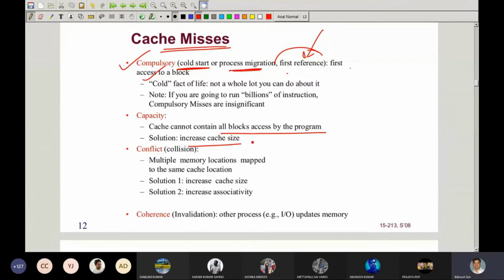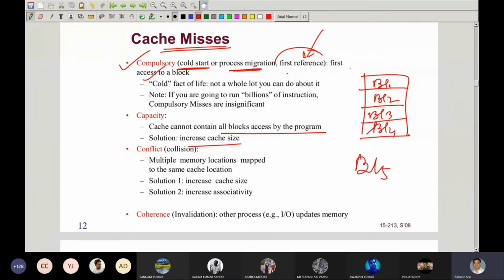Suppose you have a cache memory where only 4 blocks fit at a time: block 1, block 2, block 3, block 4. What will happen when you have to access block 5? Then again you have to load it.